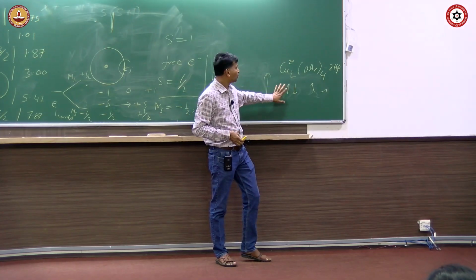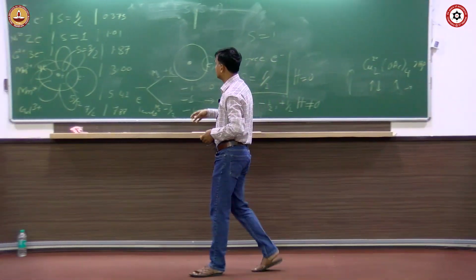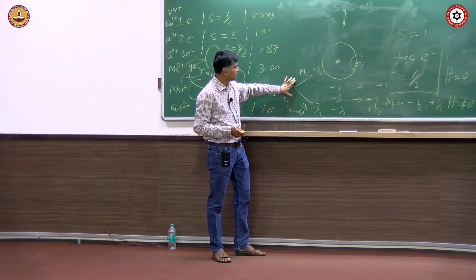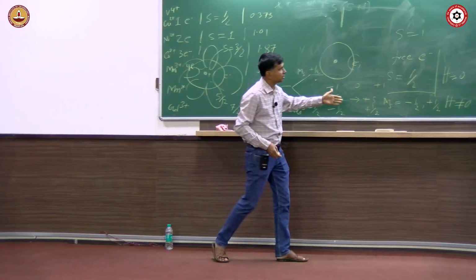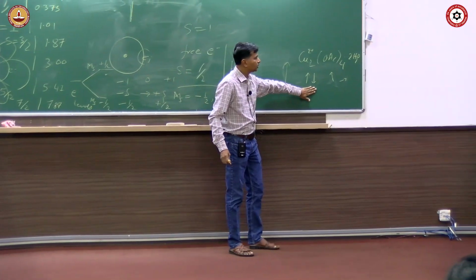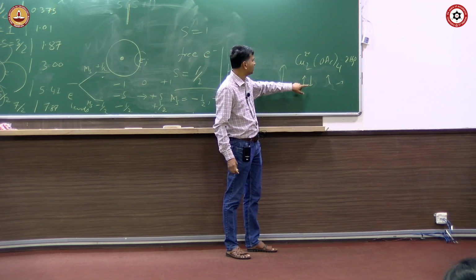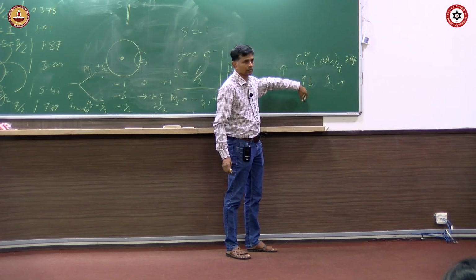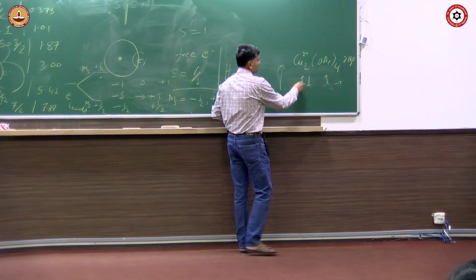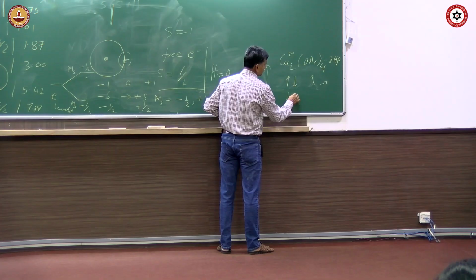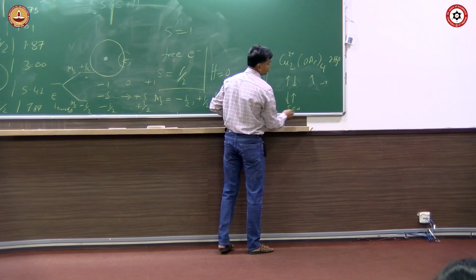So what I am trying to say is that in EPR, for the paired spin state, you will get no signal whatever you do. If one flips to this side, the other will flip to the other side, so the overall state is always equal to 0.